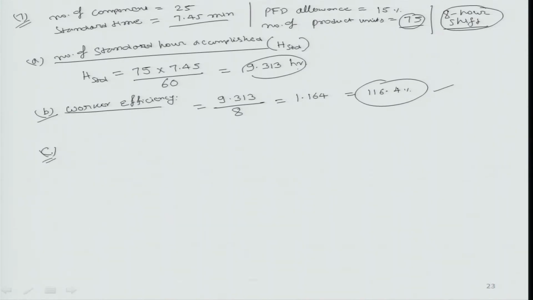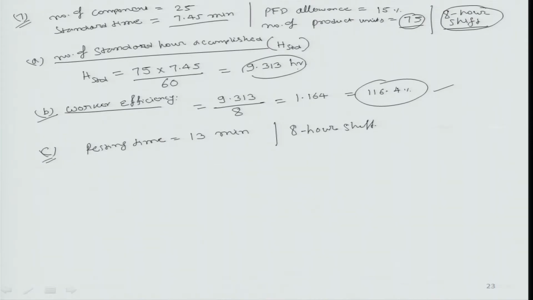Now we will move to the third part. What the question is saying: if the worker took only one rest break, meaning resting time is equal to 13 minutes, and experienced no other interruption during the 8-hour shift, then determine the worker performance.